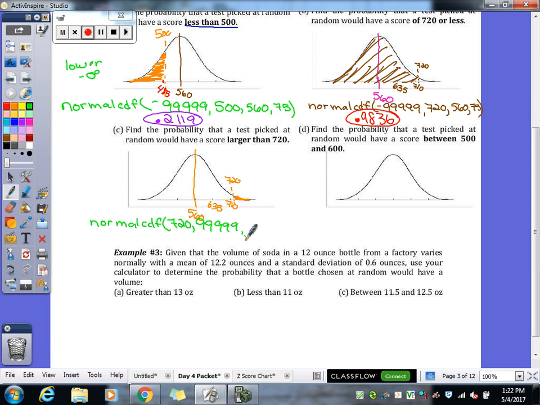And then the last two are the same, still mean 560, standard deviation 75. So our smallest number this time is 720. If you did it correctly, you should get 0.0164.